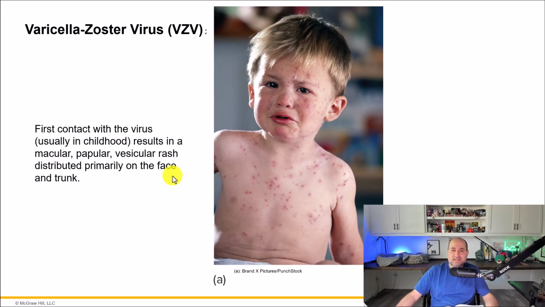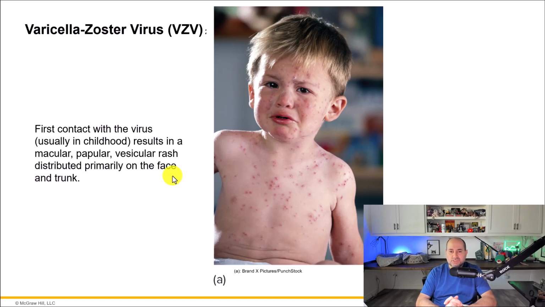This is exactly how it manifested on my body when I was a child and I caught chickenpox. You can see these are described as macular, papular, vesicular rashes. Macular being close to the eye, papular meaning raised bumps, and vesicular meaning little vesicles that form as well.